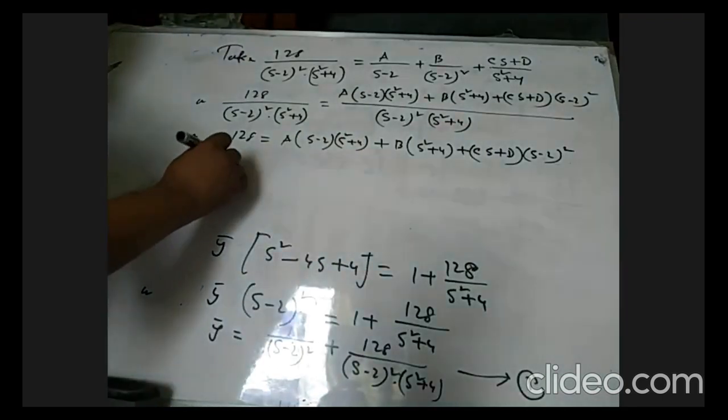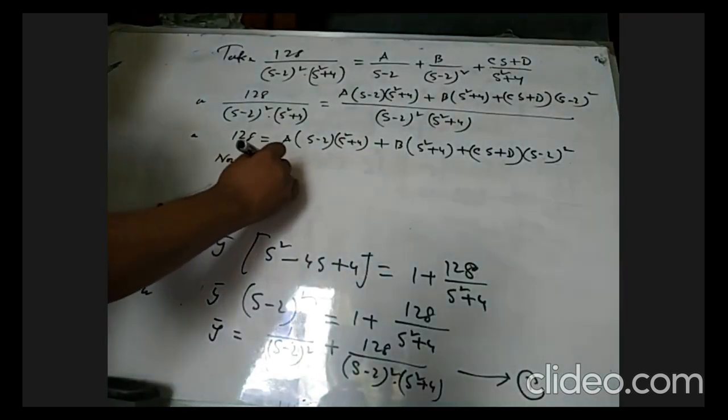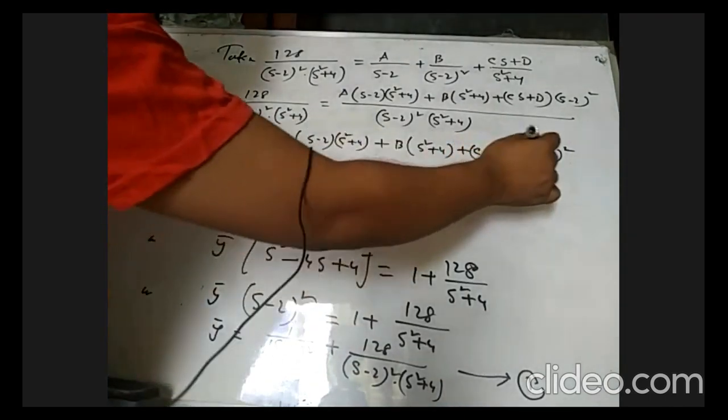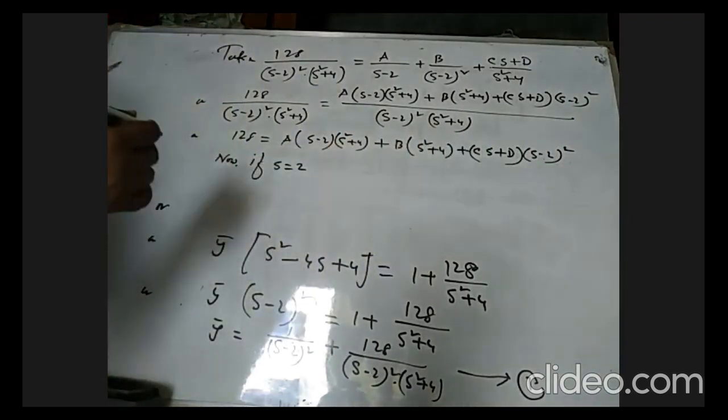Now, if s equals 2, then this becomes 0 and this also becomes 0.